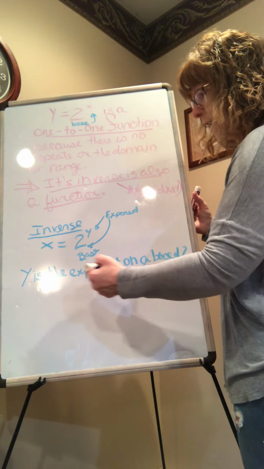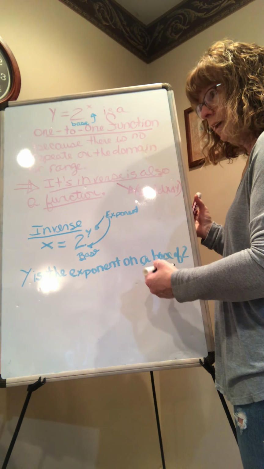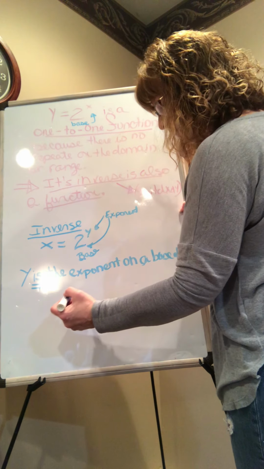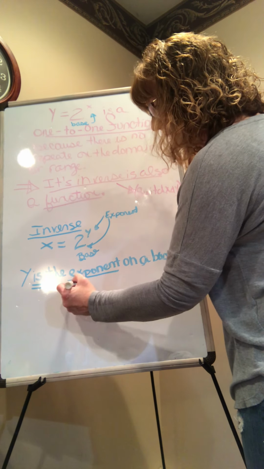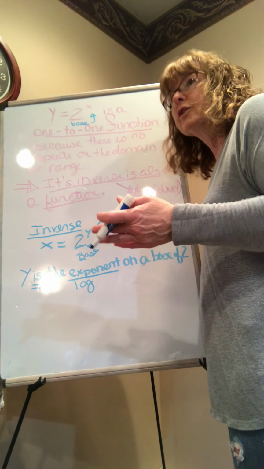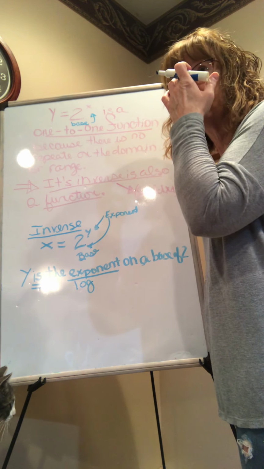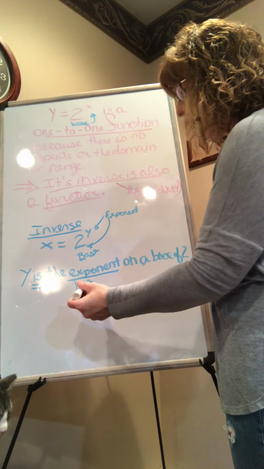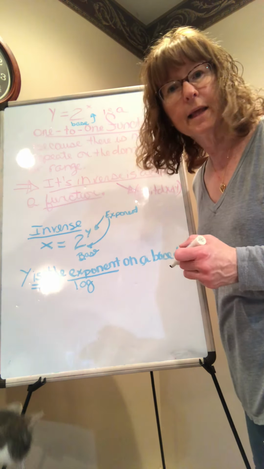So now if I write this in math terms, the word is always equal. Exponent means log. Remember we had said too, it was either Tuesday or Wednesday, either the 10th or the 11th, we were saying that an exponent and a log, they mean the same thing.